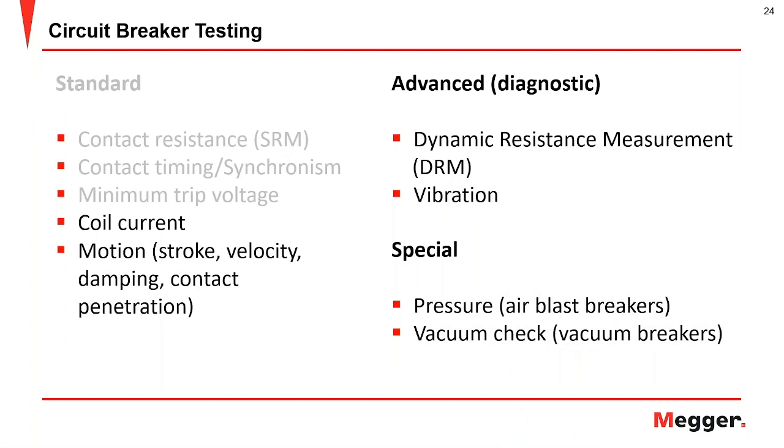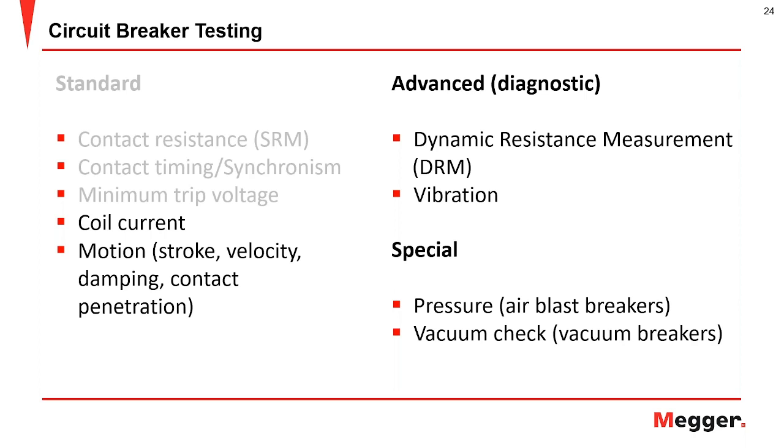As I said, previously we've gone through and we will shortly review again the main methods. To start again, we separate out the tests we can do on a circuit breaker into three different groups. Standard tests, which are recommended to be performed for all types of circuit breakers. That is contact resistance, timing and synchronism, minimum trip voltage, coil current, motion with measurements of stroke, velocity, damping, contact penetration.